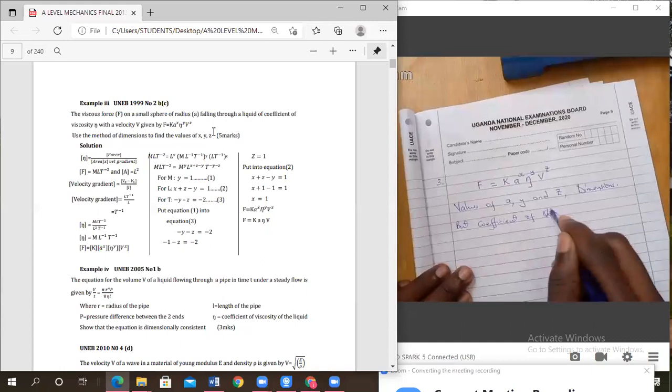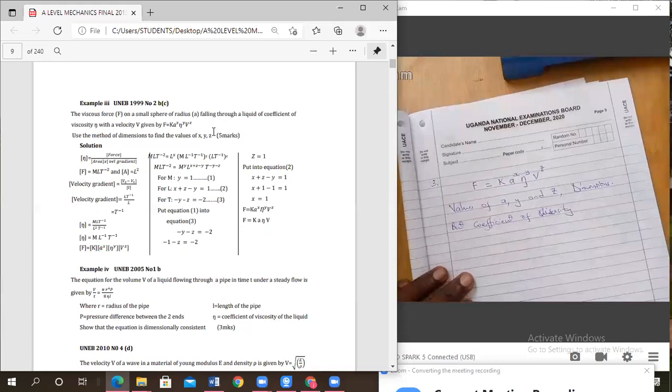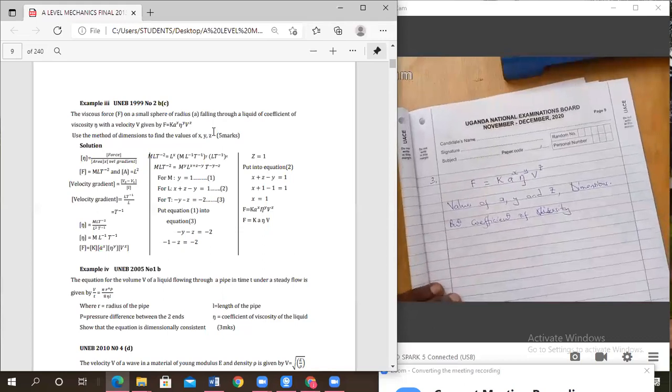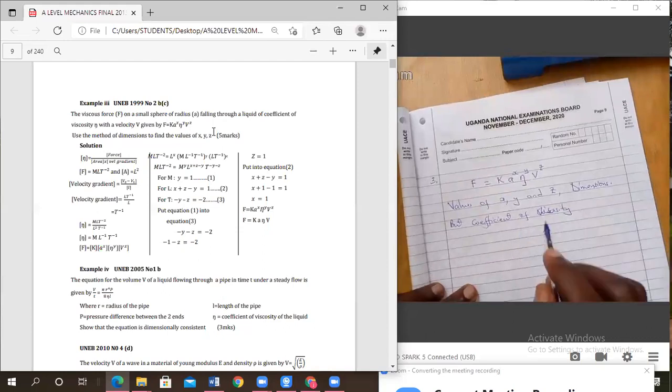Coefficient of viscosity is a ratio of force to cross-sectional area multiplied by the velocity gradient.